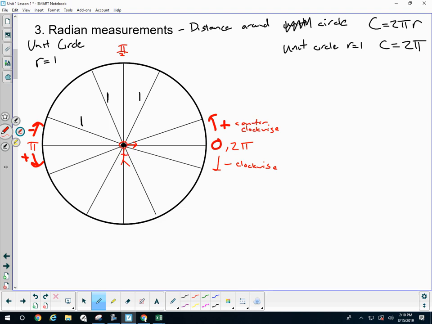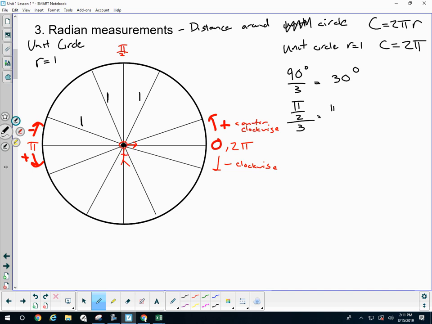What I've done here with these lines is split this into thirds. It's kind of exaggerated thirds. But let's say I take 90 degrees and divide it by 3. What do I get? 30 degrees. Well, that's the same as taking pi over 2 and dividing it by 3.